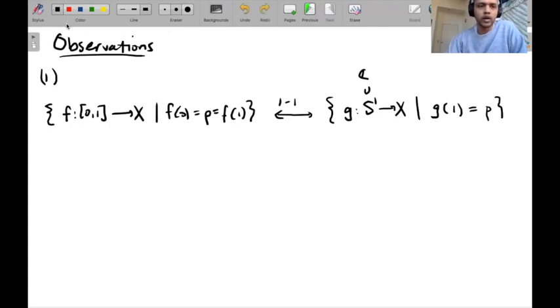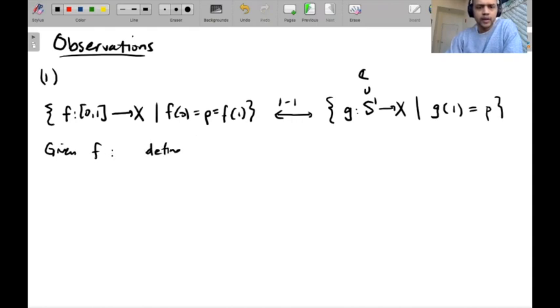Let me first explain this bijection. Given f on the left-hand side, how do we get a map g? Let me say it this way.